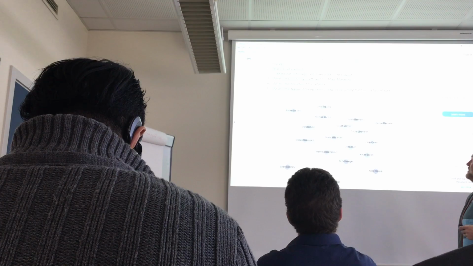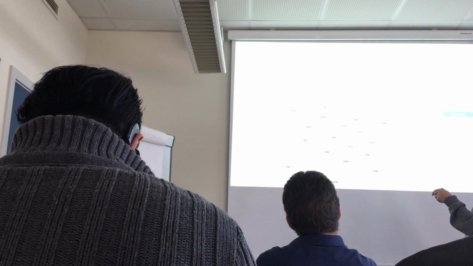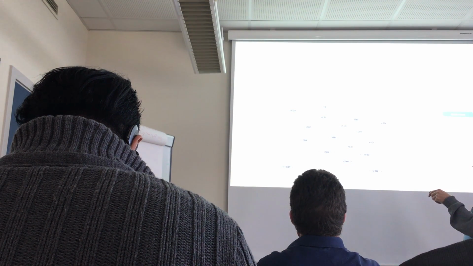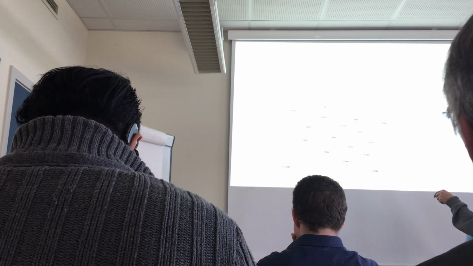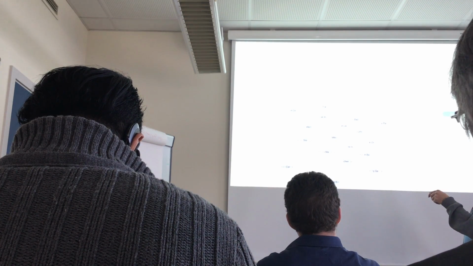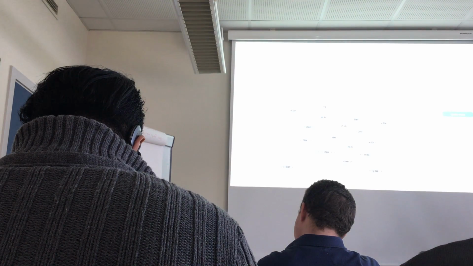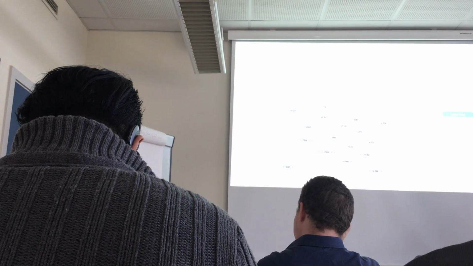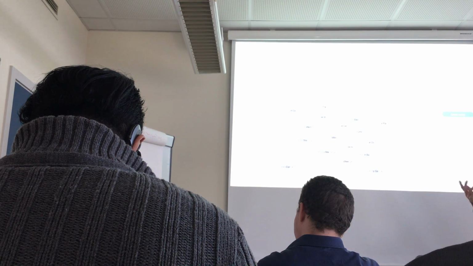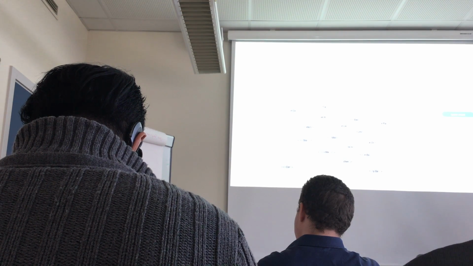None, 0, because none of the friends here are directly connected. Of course there's a connection here, but they are not friends directly. So we didn't even have to make the calculation.